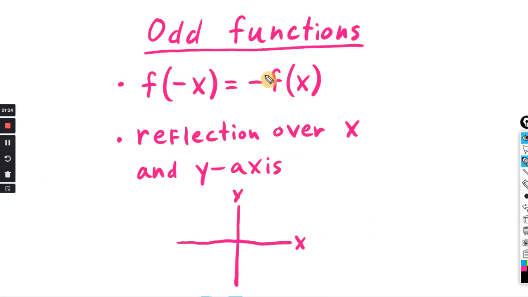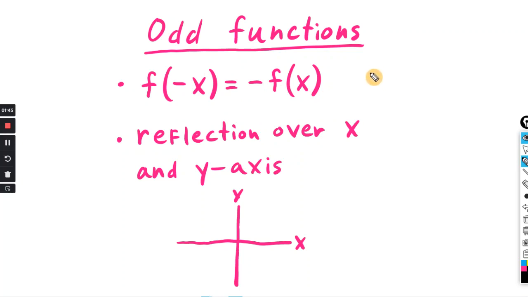Now for odd functions, we have f of negative x equals negative f of x. Once again, remember, f of x is the y value you get when you plug in x. So for odd functions, f of negative x equals negative f of x.